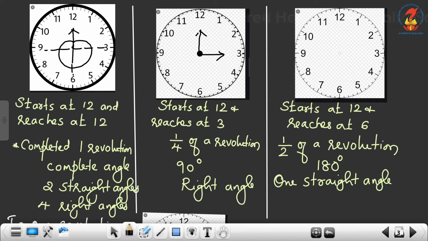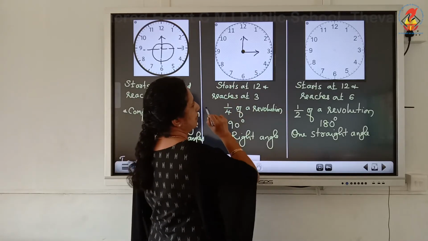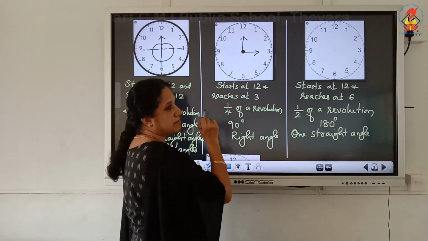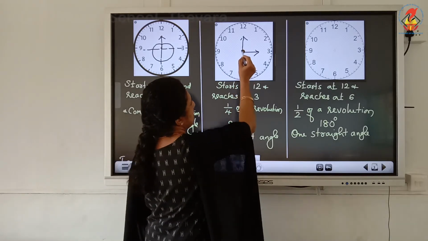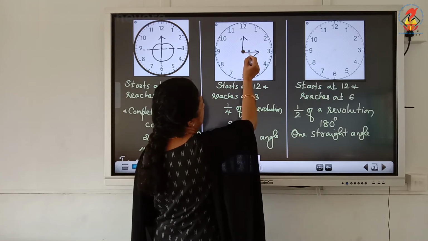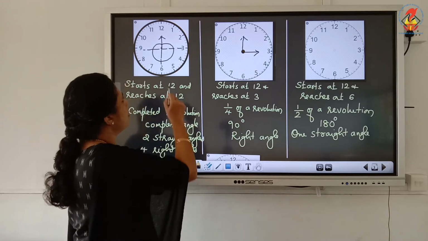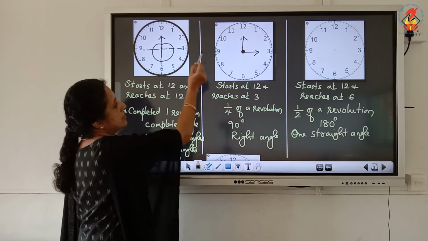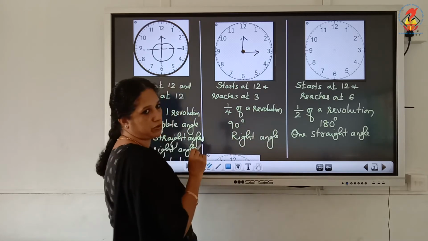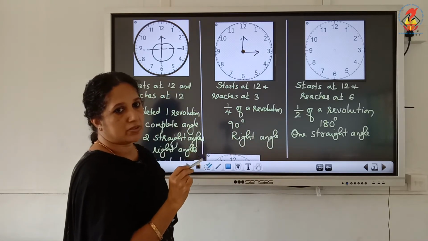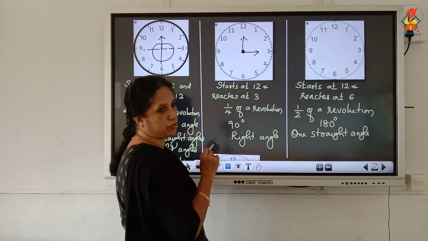So, what is the angle turned here? The angle turned is a right angle. And what is the measure of a right angle? 90 degrees. Therefore, the angle turned is a right angle and the measure is 90 degrees. And this clock frame is divided into four equal parts. Here we considered one part. So we can say that it is 1/4 of the revolution. So if a right angle is formed, it will be 1/4 of a revolution.